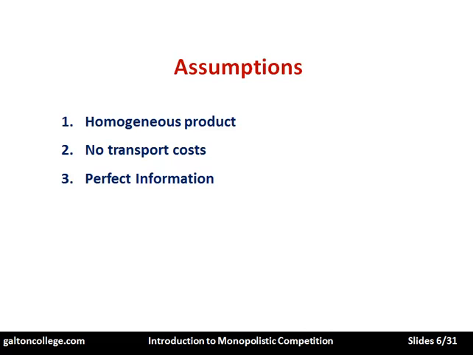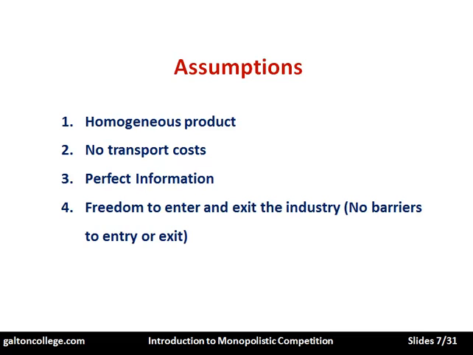It assumes perfect information. We don't have perfect information, but we'll assume that the customers in this market situation have perfect information. Not very realistic, but it enables the model to work.